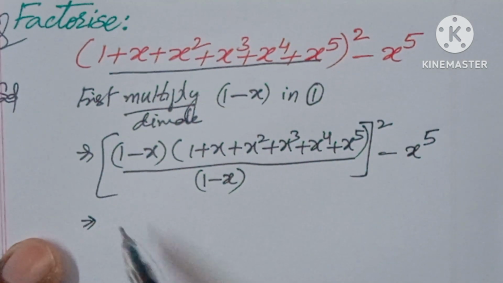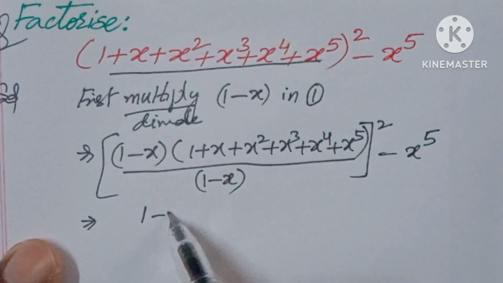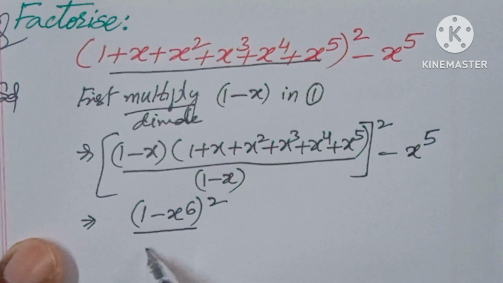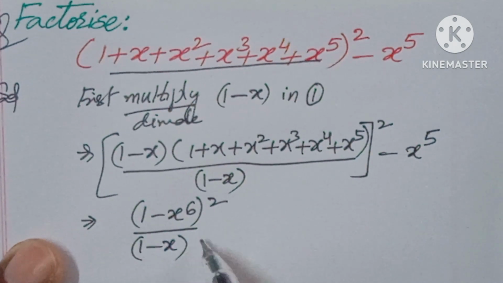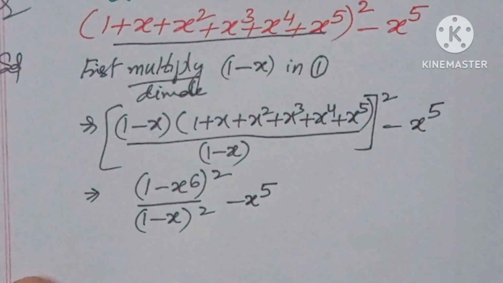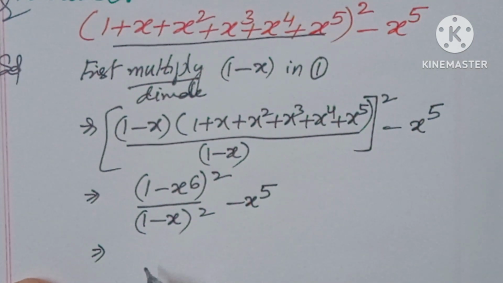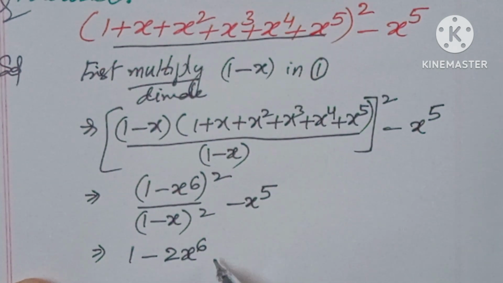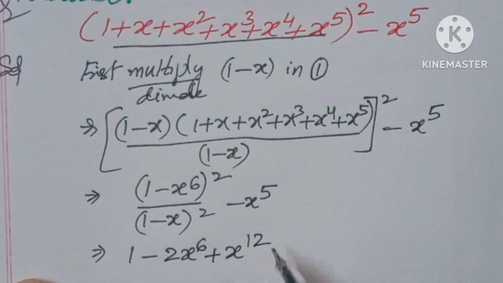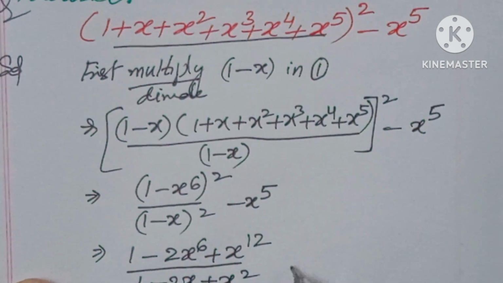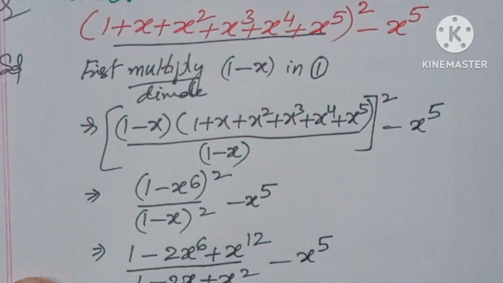Now here we will get (1 − x⁶)² by (1 − x)² minus x to the power of 5. So if you expand this, 1 − 2x⁶ + x¹², by 1 − 2x + x², minus x⁵.